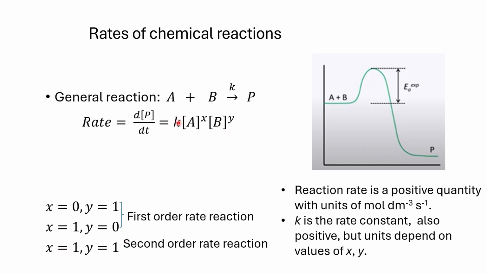So the rate will only depend on one of the reactants, and it is known as a first order reaction. Whereas for second order reactions, we have x equals 1 for reactant A, and the order for reactant B, y, will also equal 1. So the total order of this reaction will be second order.